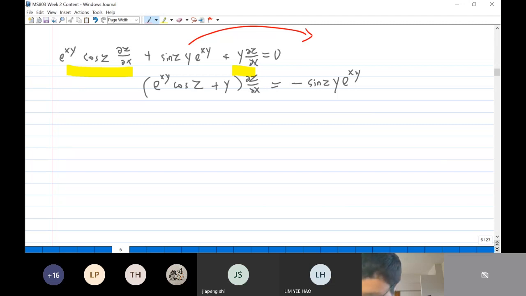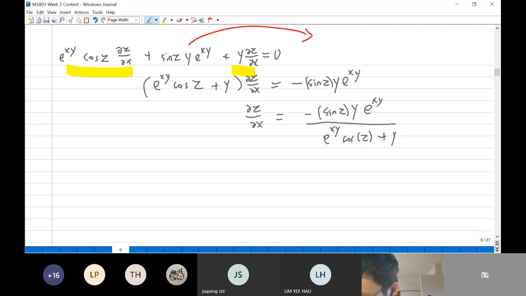So the dz/dx here is actually minus sine z y e^(xy) over e^(xy) cosine z plus y. Okay, this is how you get the dz/dx here.